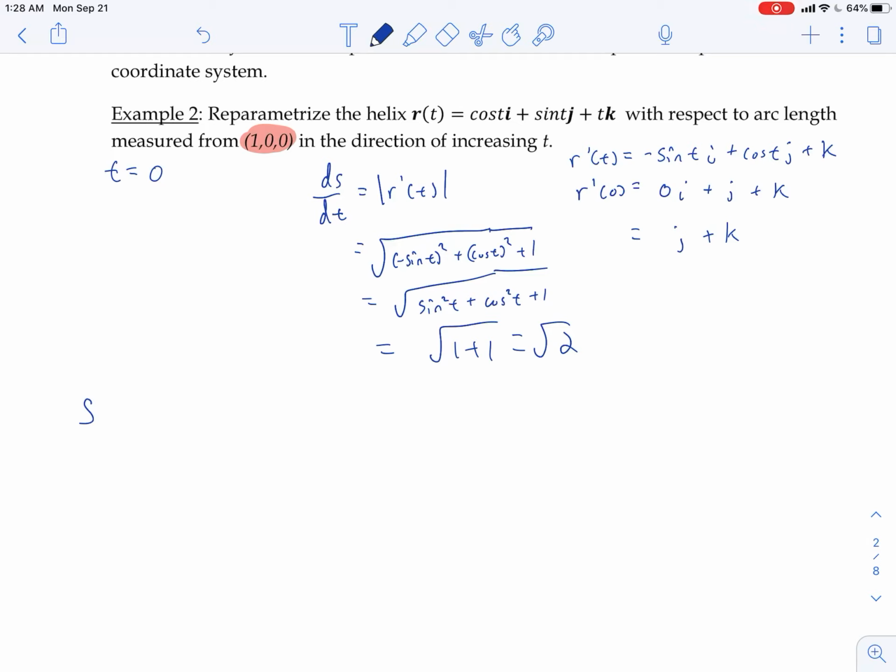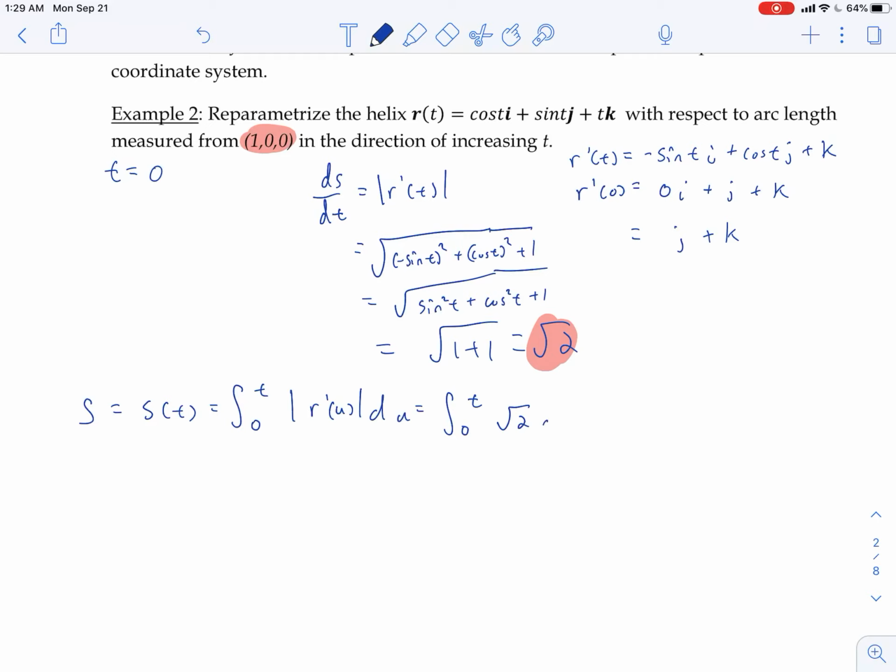Now, when I put things in terms of arc length, I can just substitute in for the magnitude of r prime. So s is equal to s of t. In this case, our starting point is 0, and we go to t, and we substitute in r prime of u du. From above, we know that the magnitude of r prime of u is just the square root of 2.